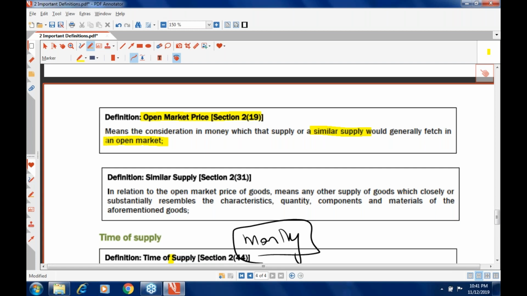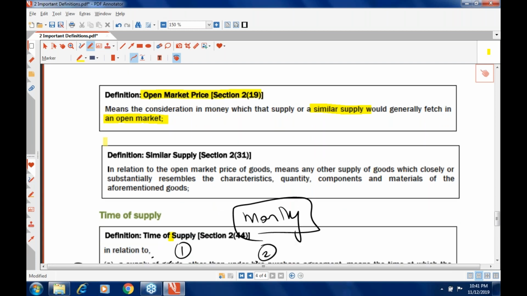When we talk about the similar supply, at times it becomes difficult for you to identify whether the open market price of a supply is available or not. So what you do is that you try to identify a similar type of item trading in the market. That similar type of item is considered to be similar supply.